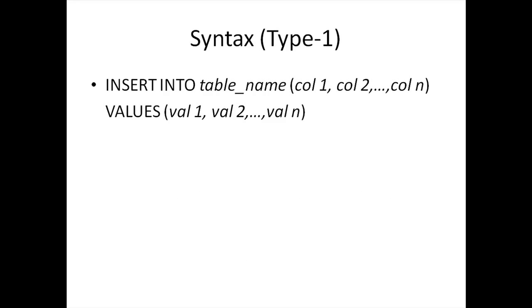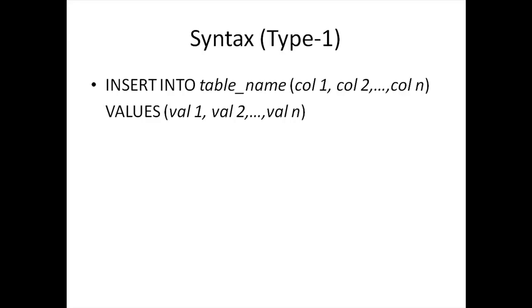And the syntax for the first type is you mention the keyword insert and then the keyword into, then the name of the table in which you want the data to be inserted, and then within parentheses you specify the order of the columns in which you want the values to be inserted, right?